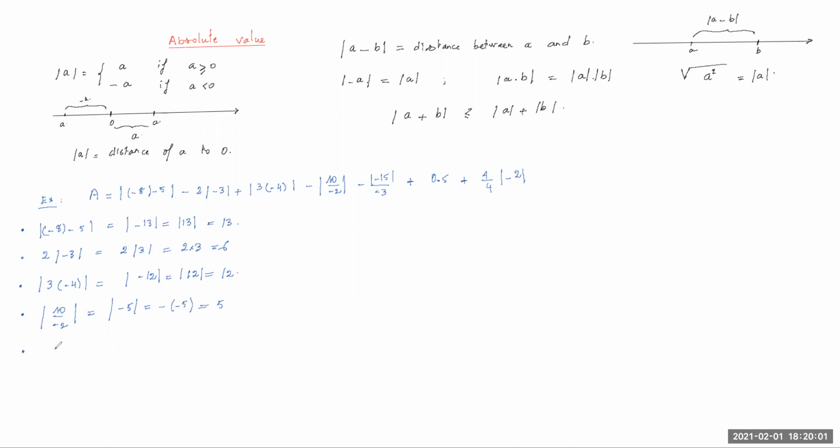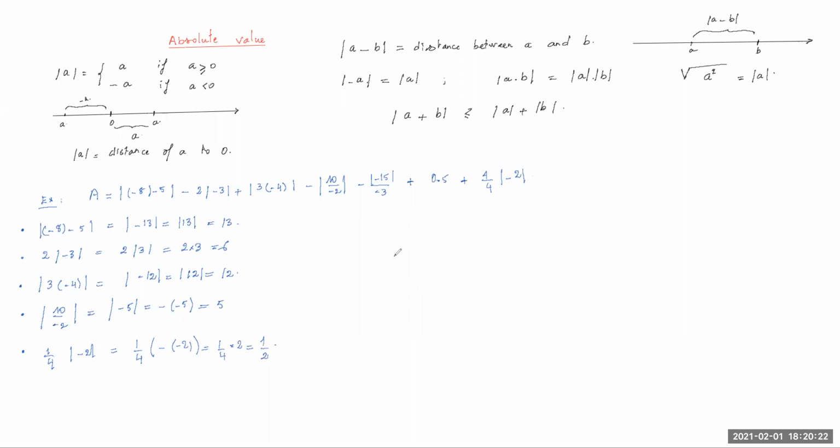We add 0.5, and the last quantity is 1 over 4 times the absolute value of minus 2, which is 1 over 4 times 2, which is 1 over 2.